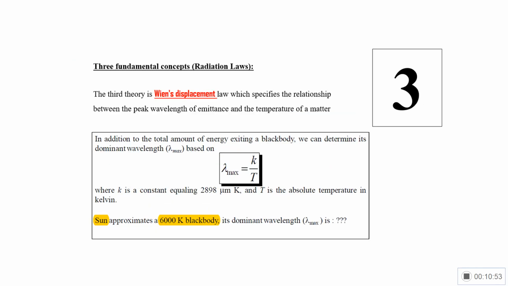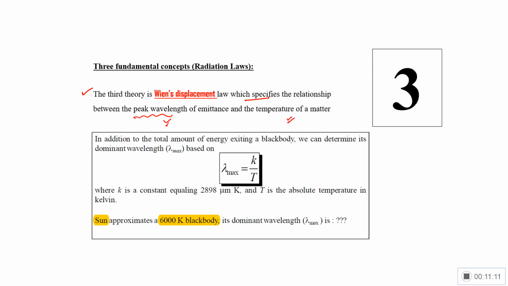And third is Wien's displacement law, which tells at what temperature you get the maximum wavelength. It specifies the relationship between the peak wavelength of emittance and the temperature of a matter.